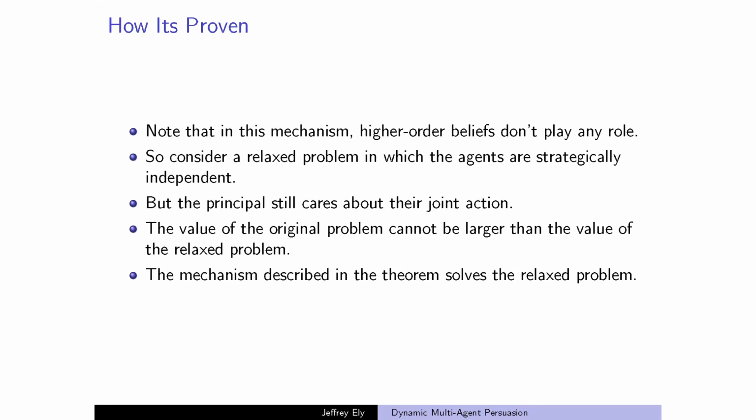So the suggestive route to trying to prove that this is optimal is by considering a relaxed problem in which we just ignore that constraint. Let's think about a problem where these agents view themselves as being strategically independent. So agent 1 now only cares about the health of the bank. He could care less whether the other guy has run.